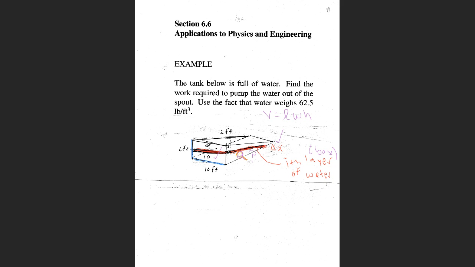Mark, I see what you're saying. You're thinking about a cross-sectional area, like the integral of a cross-sectional area. The problem is there's more involved here. We're not interested in finding the volume of all that water in the tank.